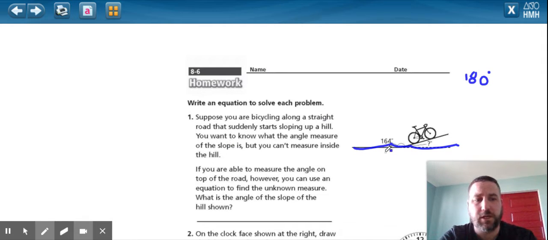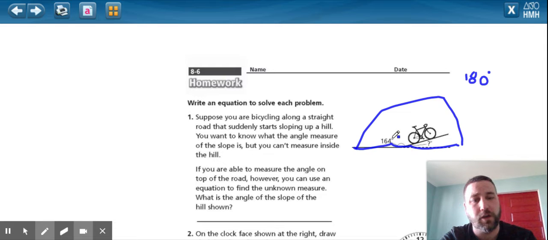All of a sudden, it starts to go uphill, all right? I want to know the angle of measurement of that slope, but I can't measure inside of a road, but I can measure the outside of the road, right? If I am able to measure the angle on top of the road, I can use an equation, and that's going to be 180 degrees. Once again, 180 degrees is all of this together.